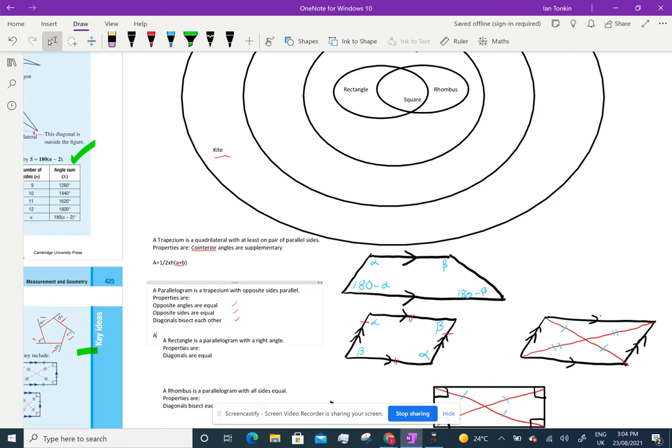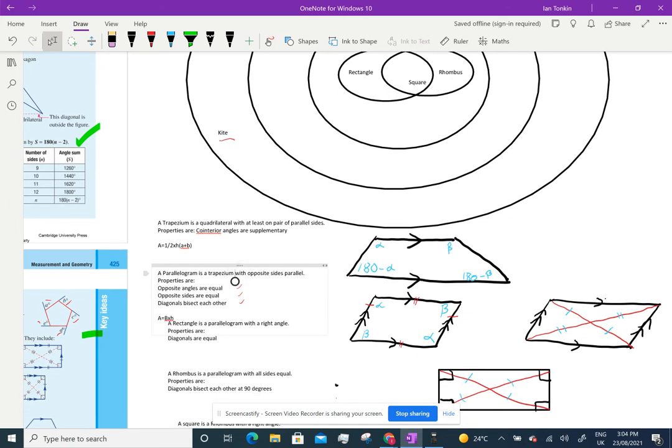Well, the area equals base times height, where height is the perpendicular height. What about a rectangle? Area is base times height, where height is perpendicular height.